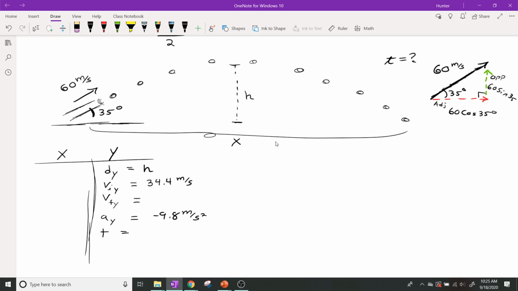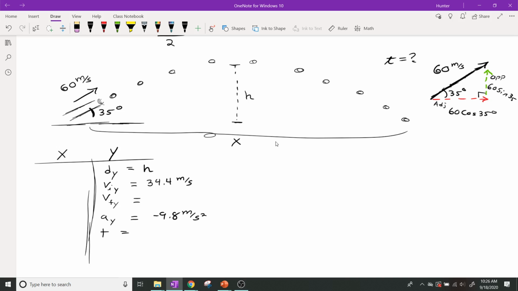So our VFY is going to be negative 34.4 meters per second, or we can say we're only interested in finding the height, so therefore the VFY would be 0. It is up to y'all. What do y'all want to do? How many of y'all want to do 0?